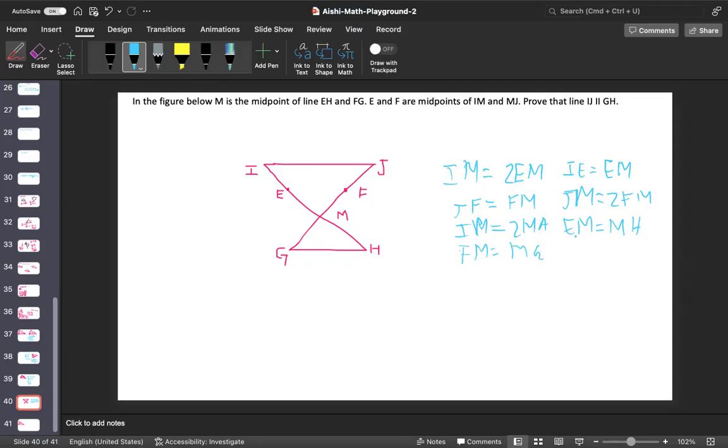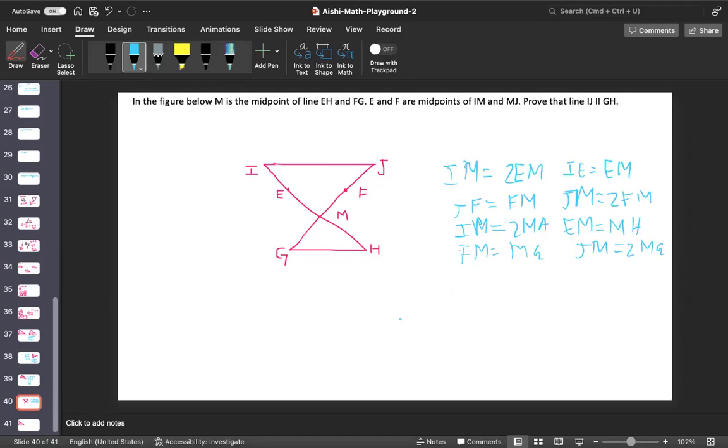And last one, we know that JM is equal to 2MG. Okay.